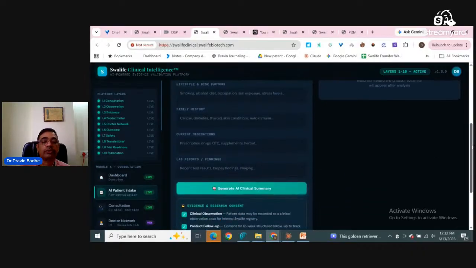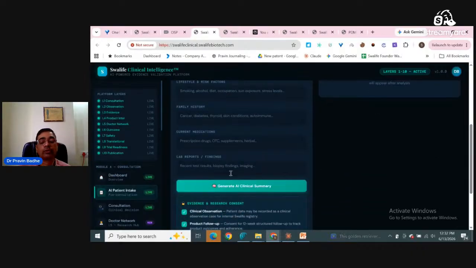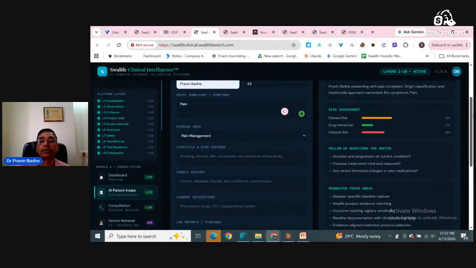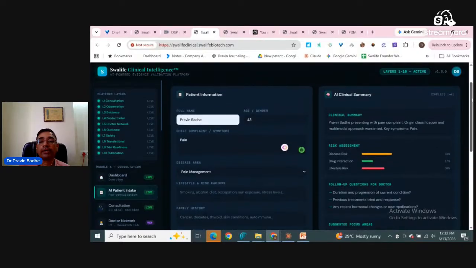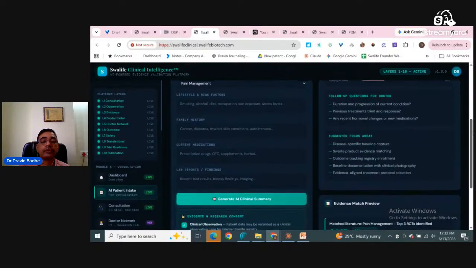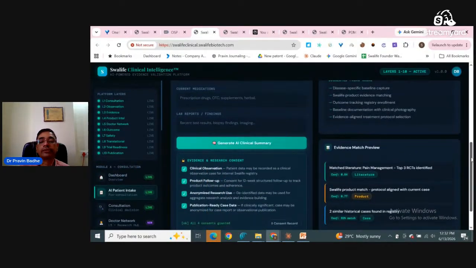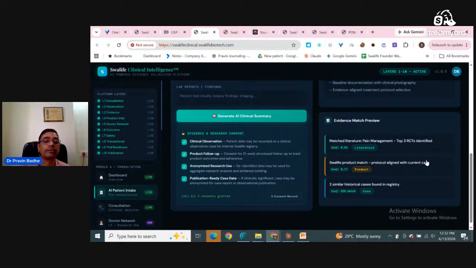The doctor will do this, and based on this, the doctor is evaluating the patient. But simultaneously you can have AI generate, based on all this information, the AI clinical summary, which is done by the clinical agent, and it is giving us the information.